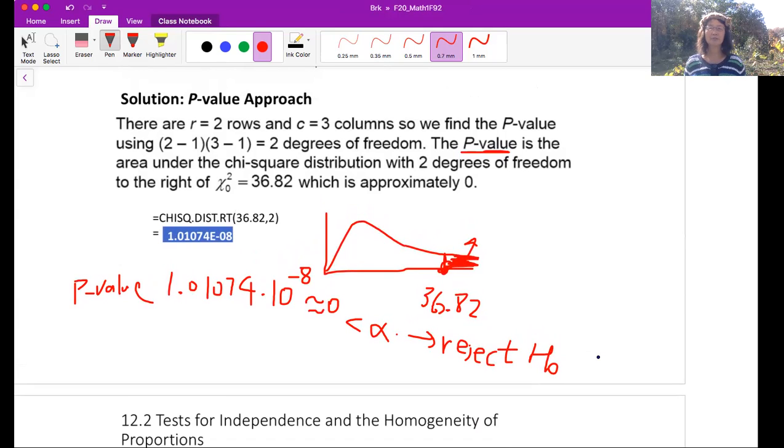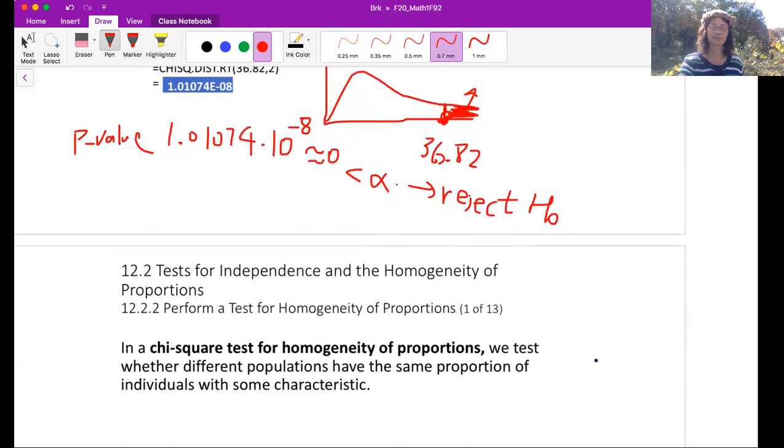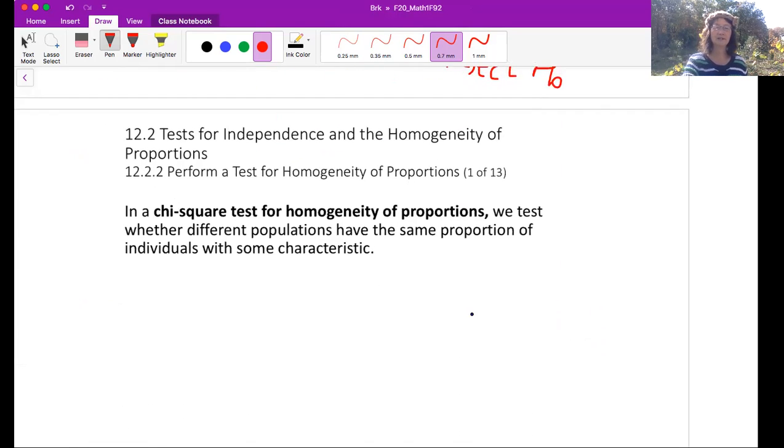Next, we'll do the hypothesis test for homogeneity of proportions. The test for homogeneity of proportions is that we want to test whether different populations have the same proportion of individuals with some characteristic.